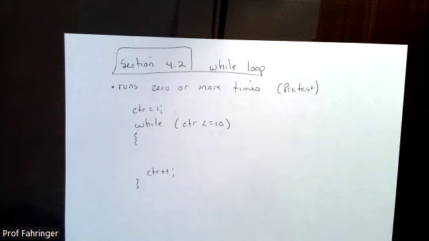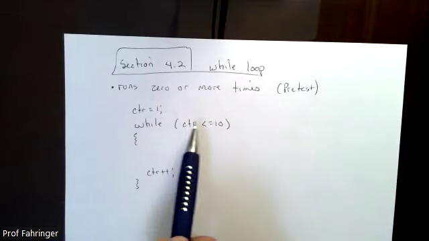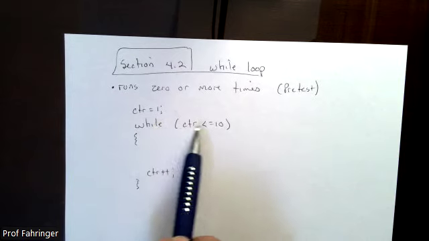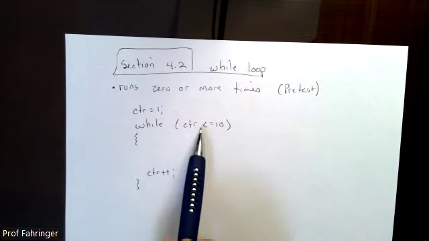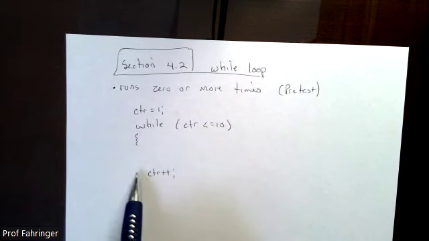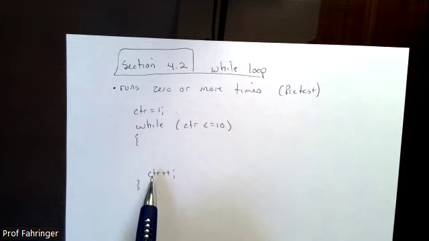Just to clarify for myself, this program would run 0 through 9 times potentially. So counter, we get the value of 1, 2, 3, 4, 5, 6. So now it's 7. That's still true. Now it becomes 8. That's still true. It becomes 9.